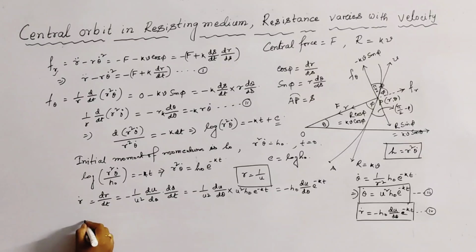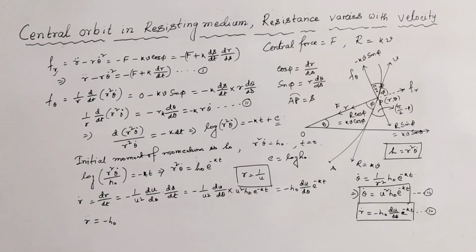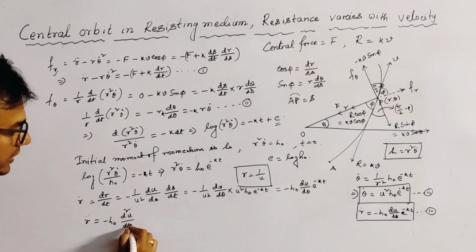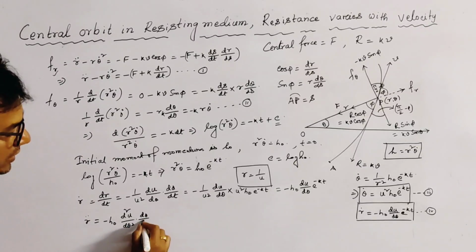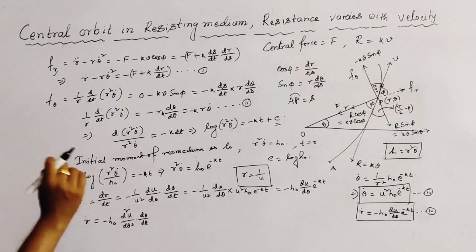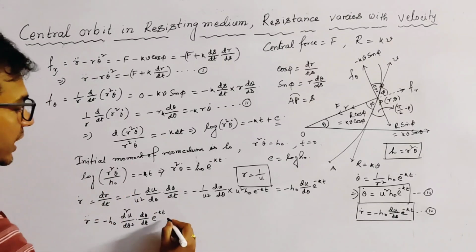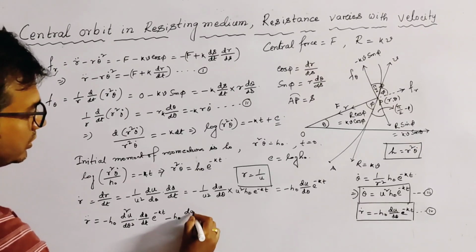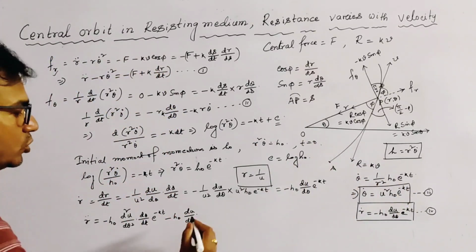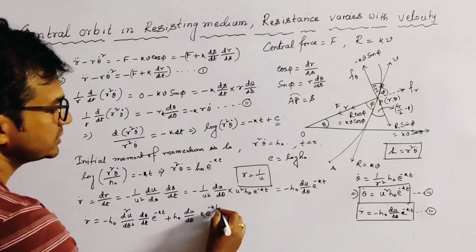Here r̈ = −h₀, which is constant, times the derivative of the second term, d²u/dθ² times dθ/dt, because we differentiate with respect to θ, and this is dθ/dt. The e^(−kt) remains fixed in the first term, and in the second term, −h₀ du/dθ times the derivative of e^(−kt), which is plus k e^(−kt).